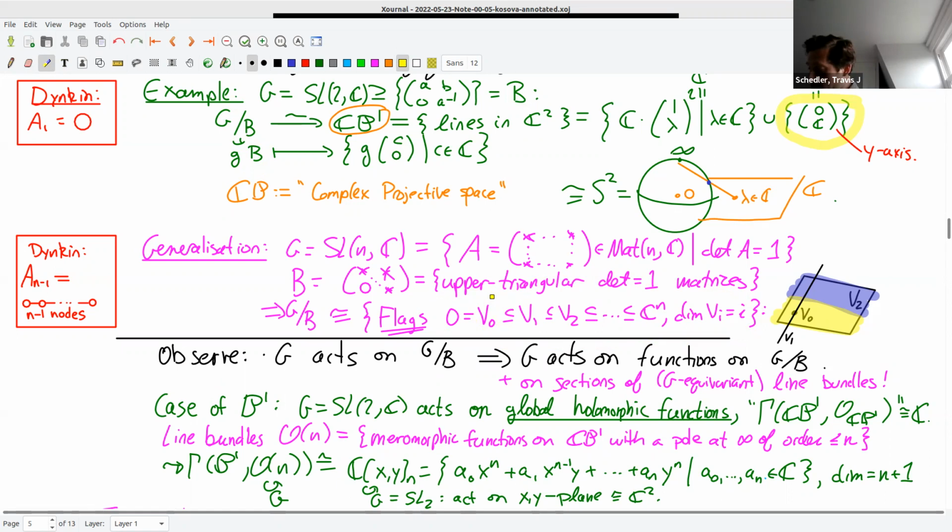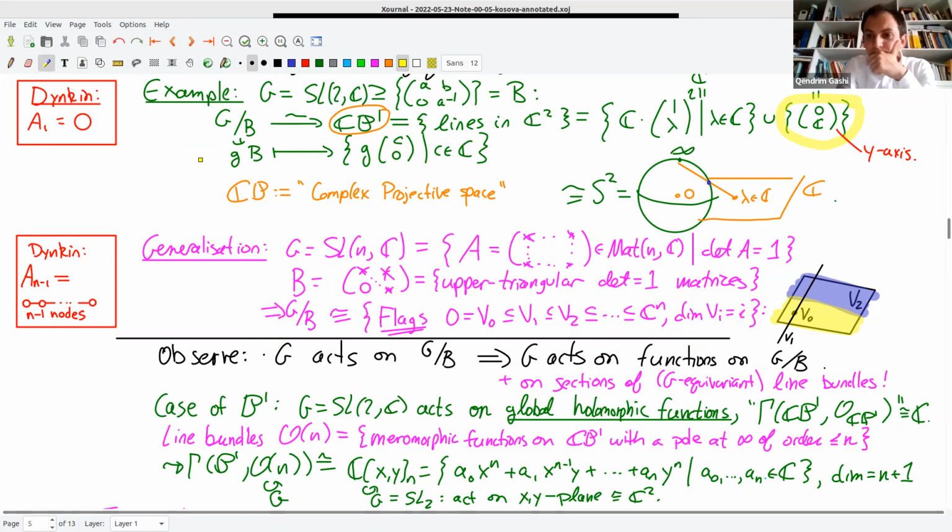And if you take the standard flag, which is given by taking the span of the first i elementary vectors, then this B here is the thing that doesn't change it. So it's a stabilizer. Then, similarly to up here, we get an identification between this coset space and the set of all flags. Okay, I don't know if that answered your question. Is that what you wanted to know?